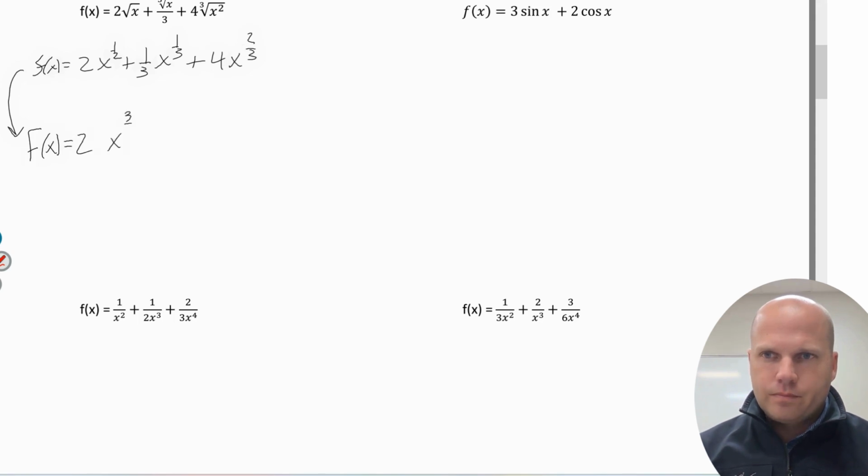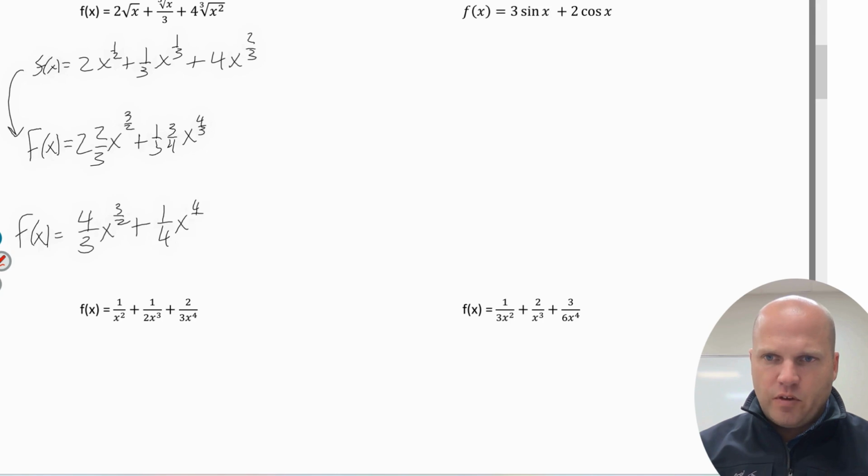Add 1, multiply by the reciprocal. Next step, combine. If you can do this all at once, hooray. Congrats. Most of y'all can't. We'll be able to potentially in the future, but for right now, just step it out.